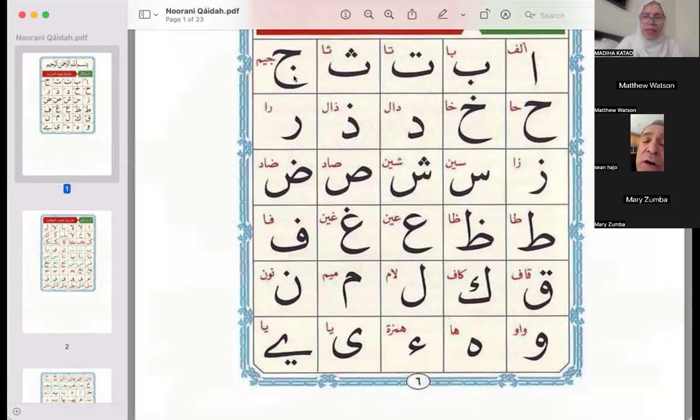All of them you add Alif, then you put sukun on the letter. Aj, akh, ad, az, ar, as, ash, ad, at, az, agh, af, aq, ak, al, am, an, aw, ay.